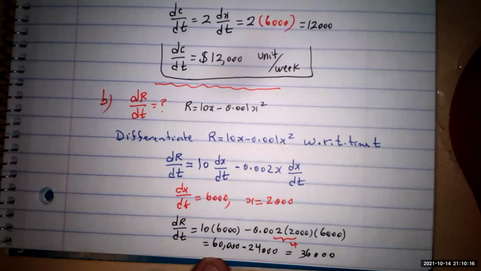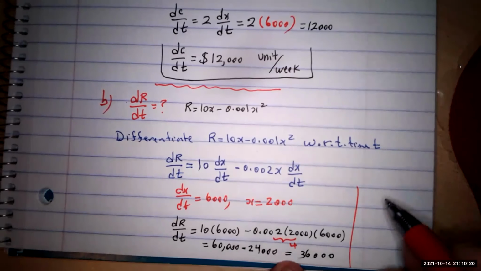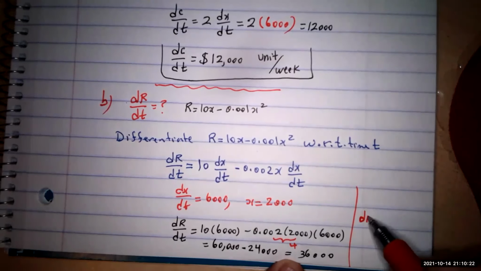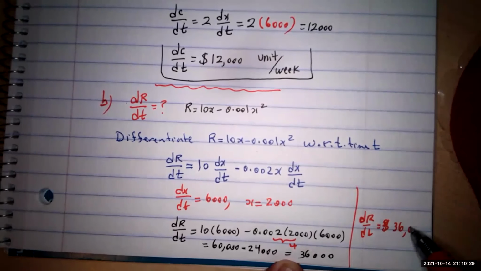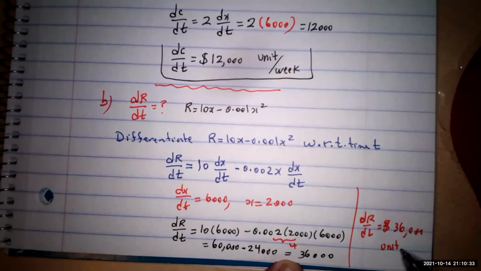It's going to be 36,000. So the rate of the revenue is going to be $36,000. Again, it's per week.